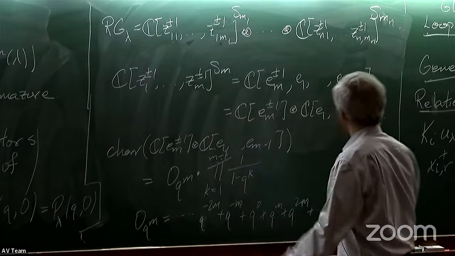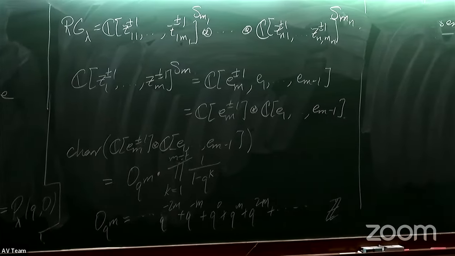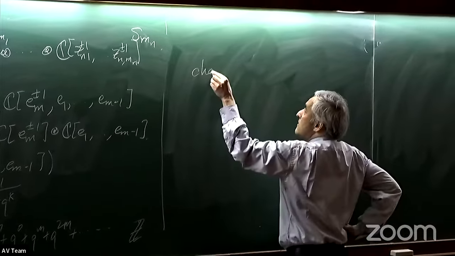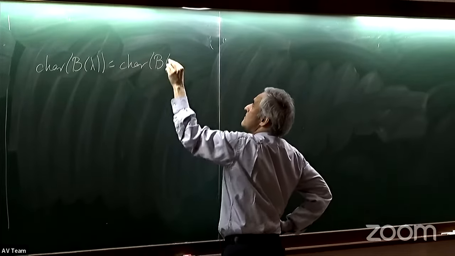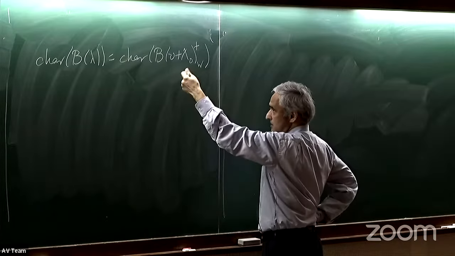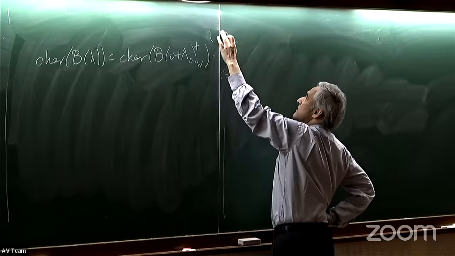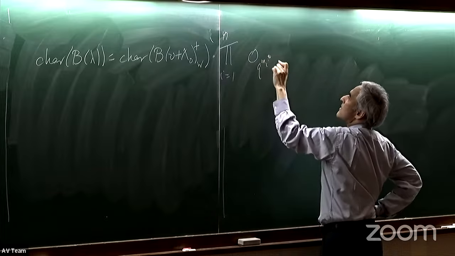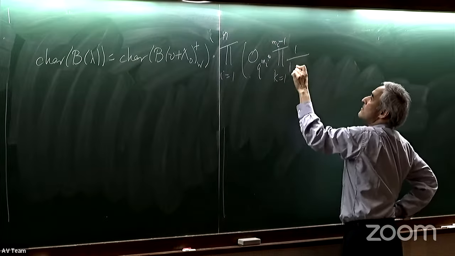Okay, so now we can sort of put together the character of the whole extremal weight module as the character of that Demazure piece, which looks like a non-symmetric Macdonald polynomial specialized, times the product i going from 1 to n of delta q^{m_i}, times the product k going from 1 to m_i minus 1 of 1 over 1 minus q to the k.